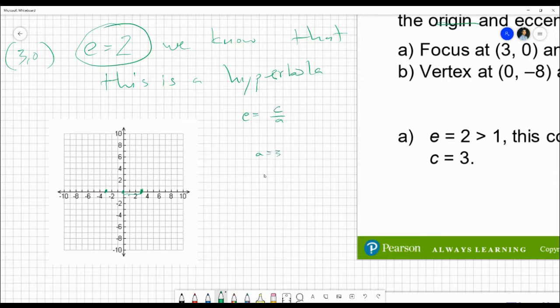So a here is equal to 3, e is equal to 2, so let's plug it in. 2 is equal to c divided by 3. So that means c is equal to 6 and negative 6. And from there, we can find our b value. So a squared plus b squared equals c squared.